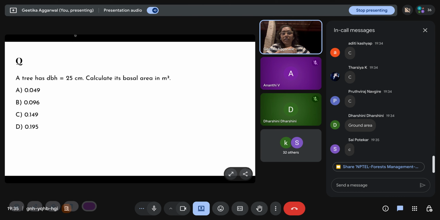A tree has a DBH of 25 centimeters. Can you calculate its basal area in meter square?